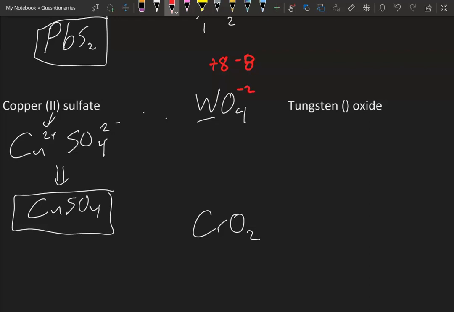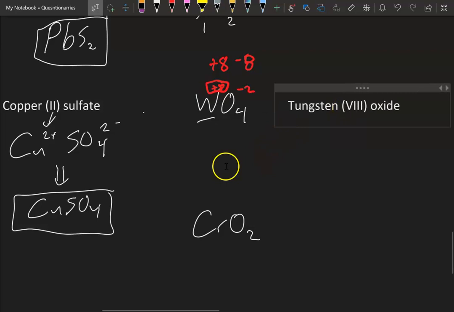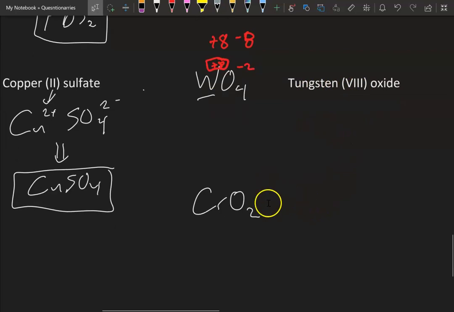There's only one tungsten, and that means that tungsten must have an oxidation state of +8. So the Roman numeral that you would put in place here would be 8. So this would be tungsten(VIII) oxide. That's what the name of that would be.